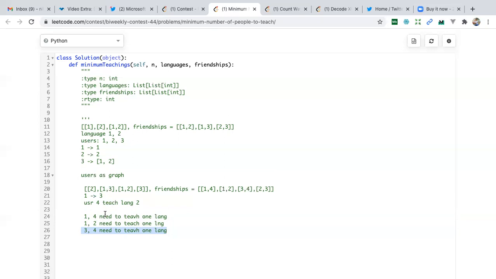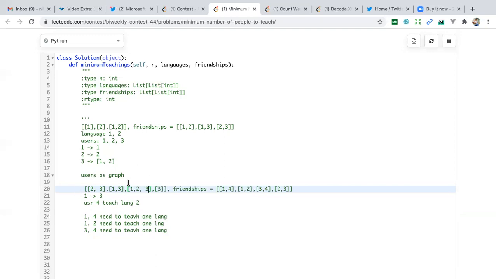The answer should be what? If we teach one a language, oh no, we have to choose one particular language. Okay, so if we choose language 3, it will be 2, 3, it will be 3, and it will be 1, 2, 3, and it will also be 3.